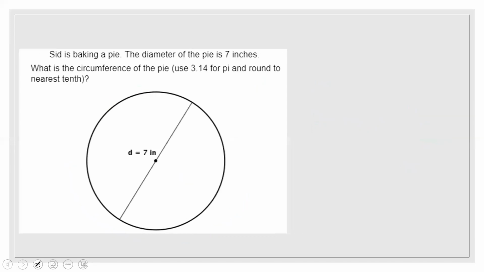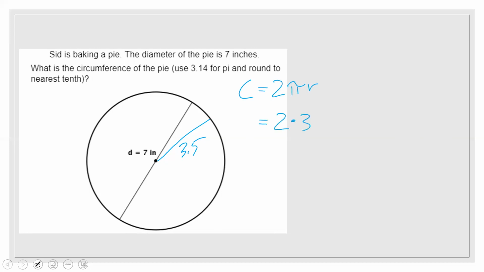All right, let's do this one. It says Sid is baking a pie. The diameter of the pie is 7 inches. What's the circumference? Okay, so this one, they did not give us the radius, so we'll have to solve for it. Well, 7 divided by 2 is 3.5. So now we can use that formula. Circumference equals 2 pi r.